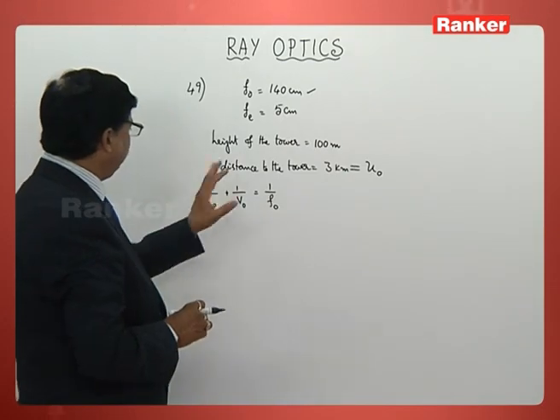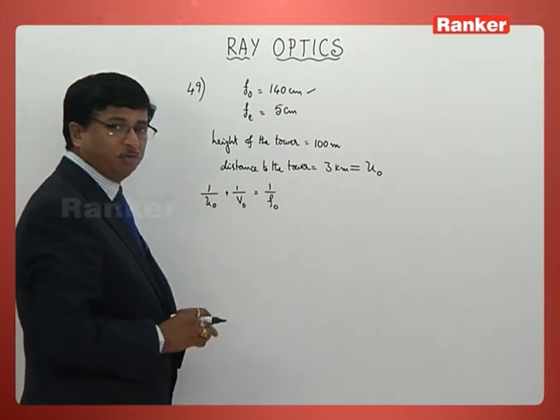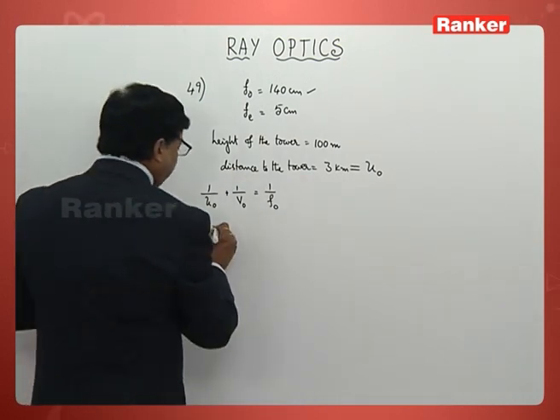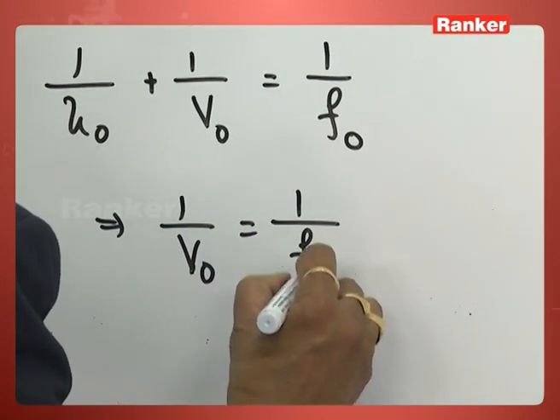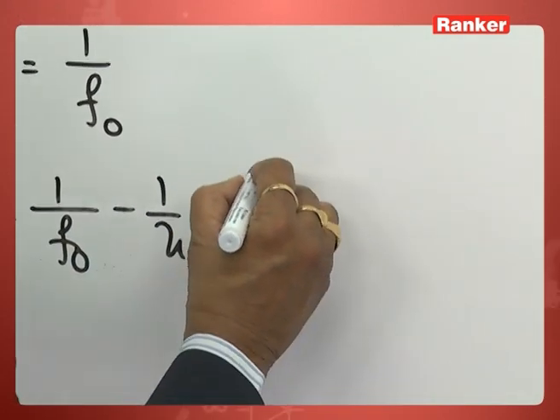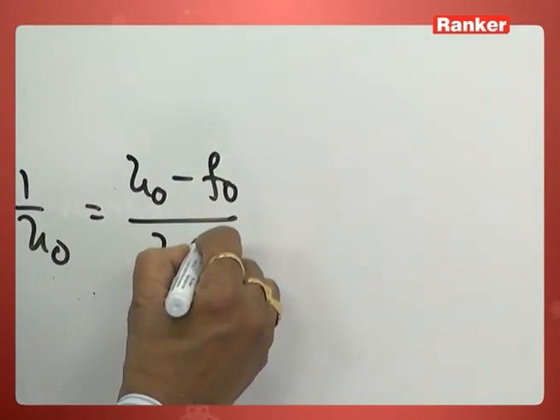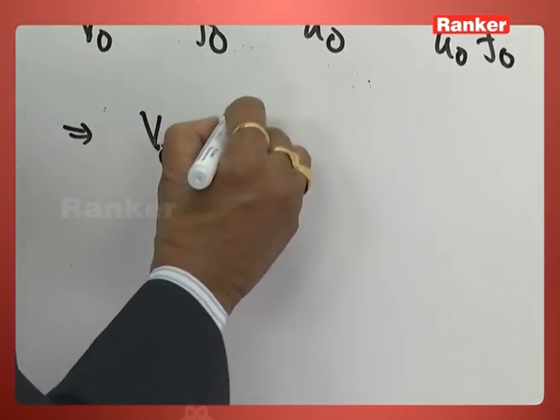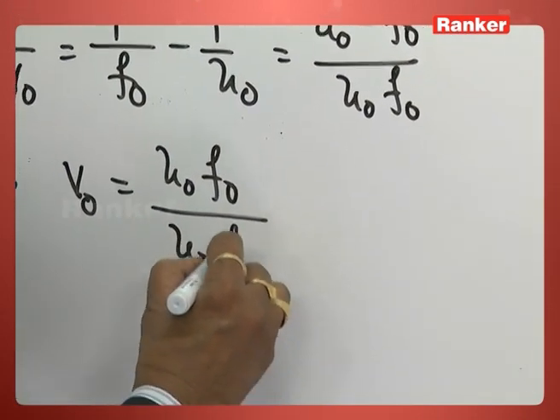We can directly write this formula, UO for object distance, VO for image distance and FO for the focal length of this objective. So roughly 1 by VO is equal to 1 by FO minus 1 by UO. You can rewrite the same as UO minus FO by UO FO. I can take the image distance VO as UO FO by UO minus FO.